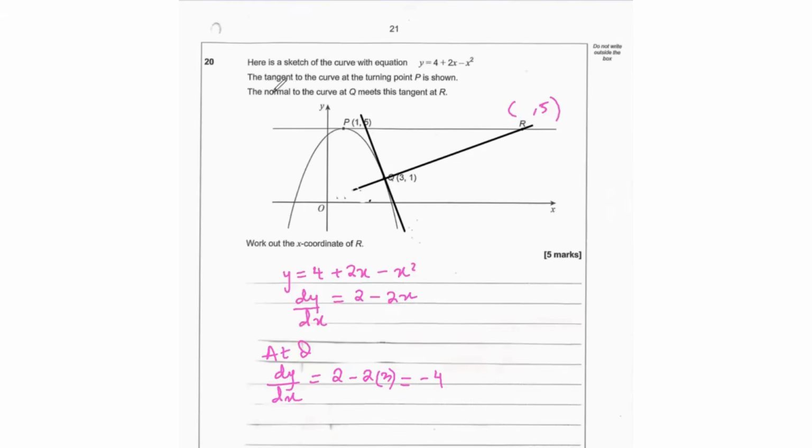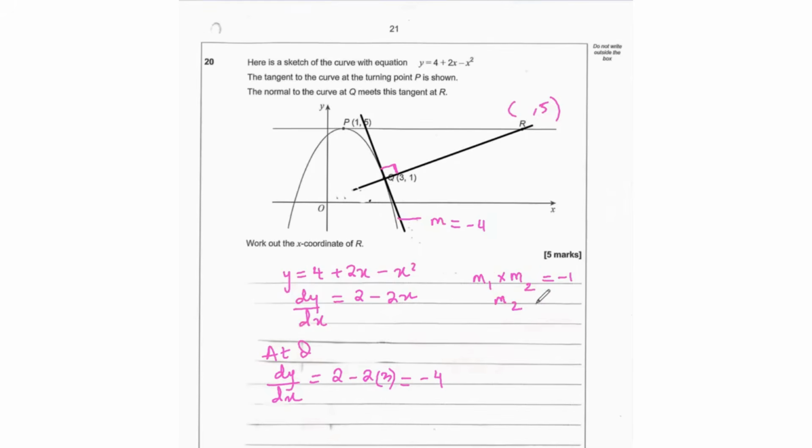So the gradient at Q is negative 4. The question said that the normal to the curve at Q meets the tangent at R. So this is your normal, which means the tangent at Q is at right angle with the normal at Q. With two perpendicular lines, the product of the gradients m1 times m2 always equals negative 1.